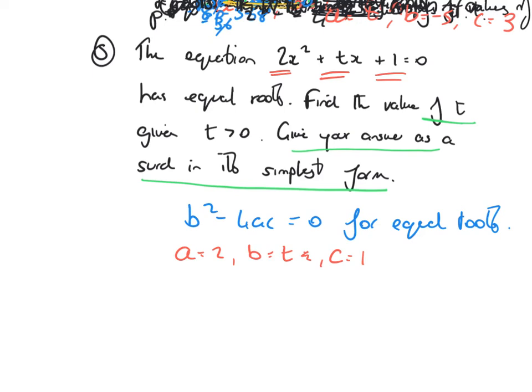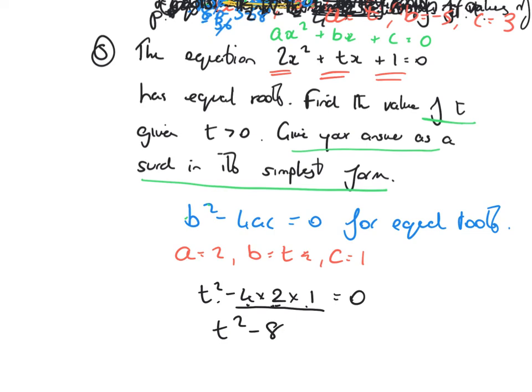And remember, that's coming from the fact that I'm thinking about this in the form ax squared plus bx plus c equals 0. a is 2, b is t, c is 1. Okay, so b squared will be t squared, minus 4 times a, which is 2, times c, which is 1, is equal to 0. I've then got t squared minus 4 times 2 times 1, so 4 times 2 is 8, 8 times 1 is 8, and I've got a minus there, minus 8 is equal to 0.